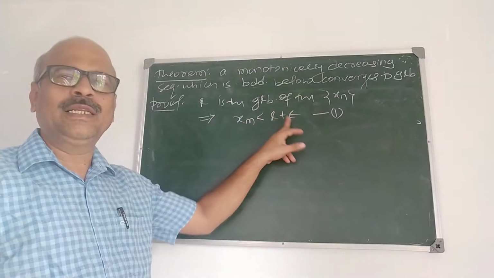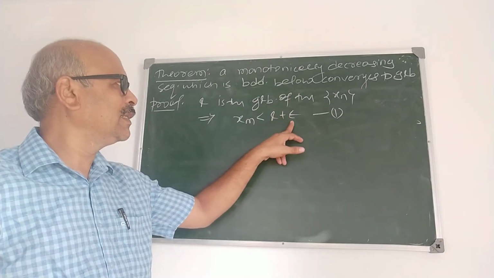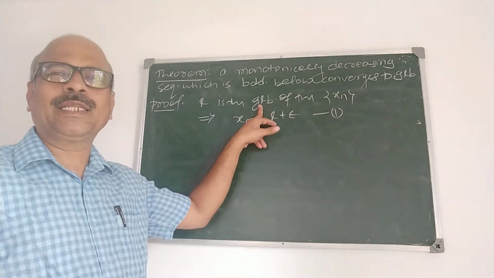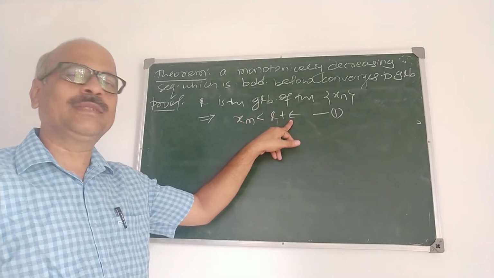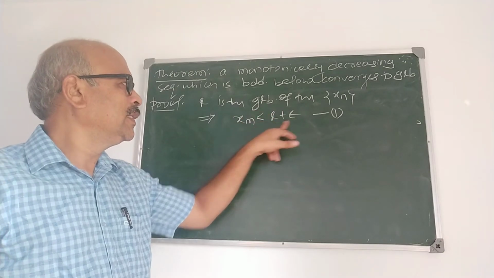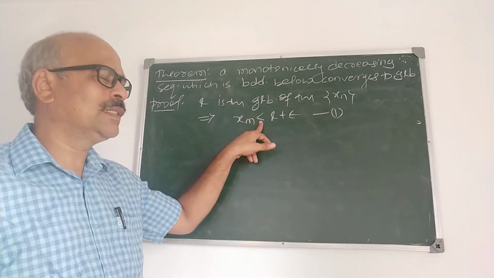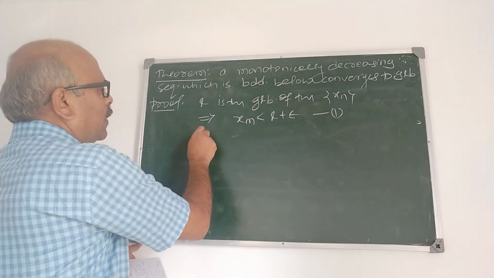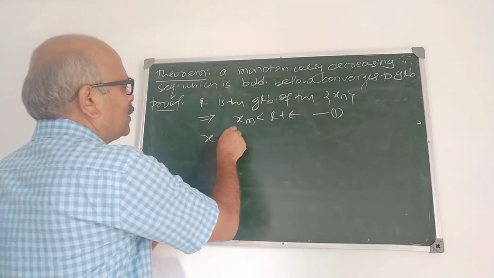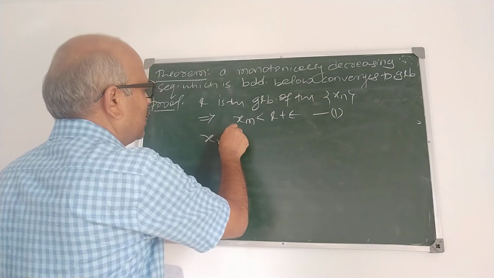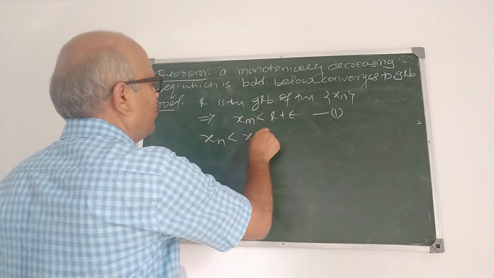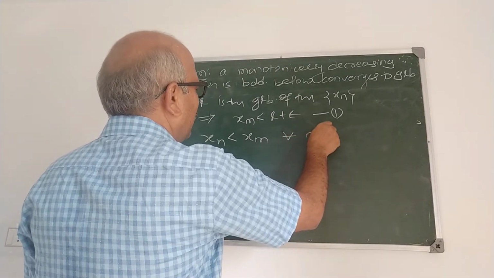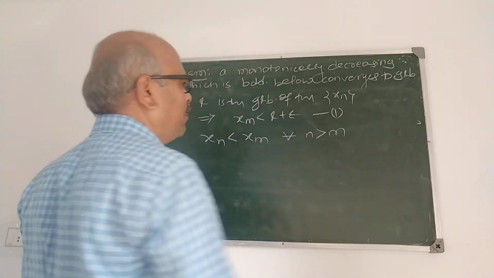Therefore, L plus epsilon, slightly greater than L, is not a lower bound. So there exists m so that xm is less than L plus epsilon. Now xn is less than or equal to xm for all n greater than m.